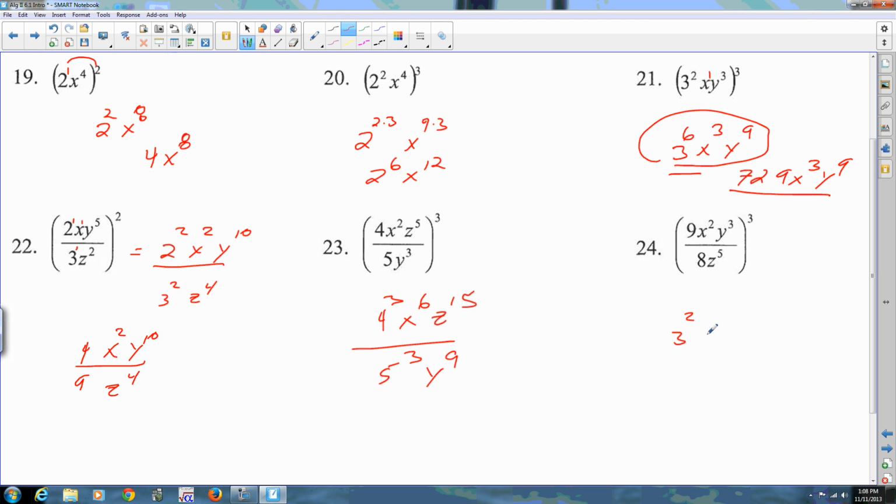So 3 squared x squared y cubed, 2 cubed z to the 5th, cubed. Okay, so that would be 3 to the 6th rather than 9 cubed. Yeah, it's because that's factorable. I like this much better.